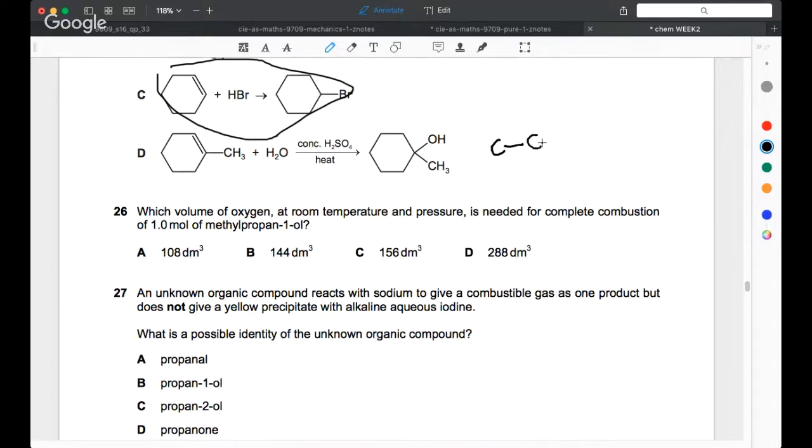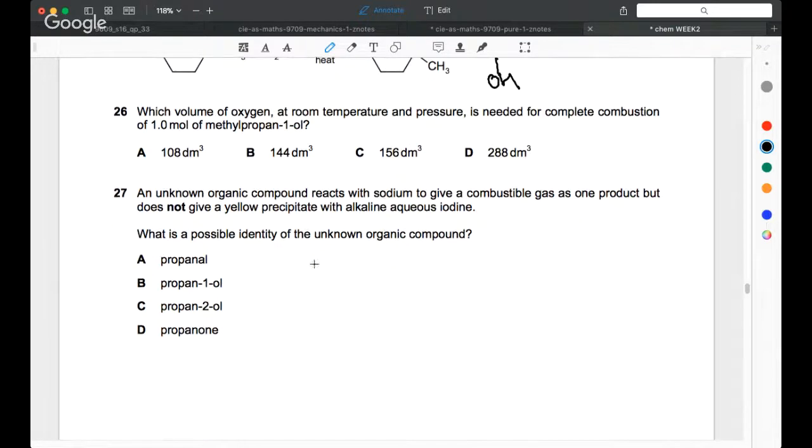So all the carbons in the carbon chains become CO2. In this case, you just need to find how many carbons, and then work out the moles. And then you know that 24 cubic decimeters is 1 mole. 27.